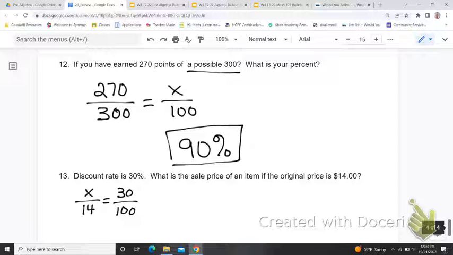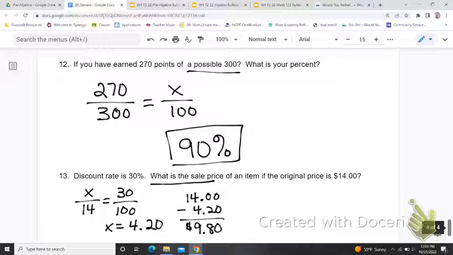I cross multiply and I come up with $4.20. That's my discount. But did it ask me the discount? No, it said what's the sale price. So then I would have to do 14, take away $4.20, which is like if I were doing this on paper.